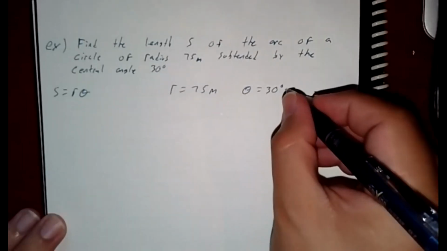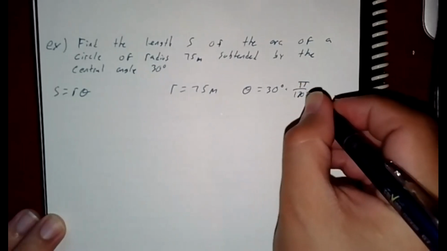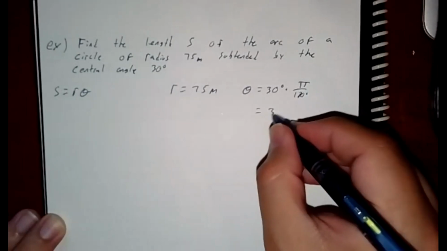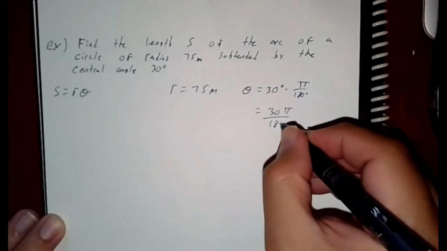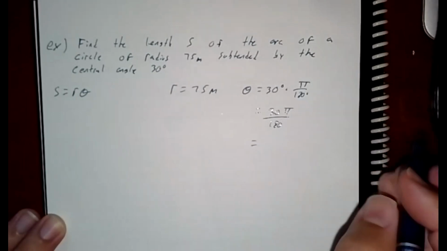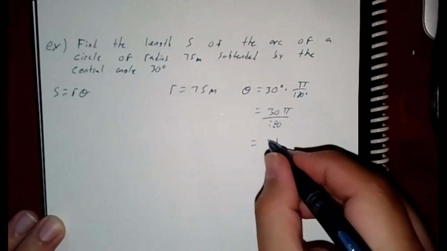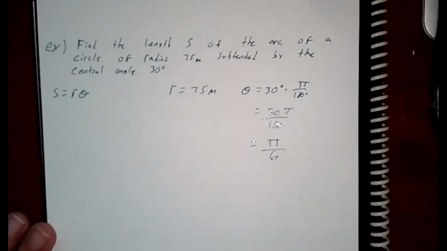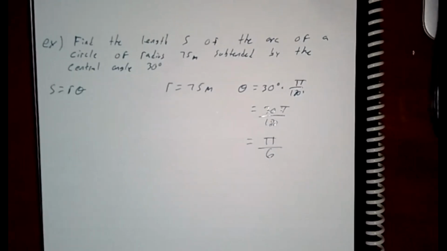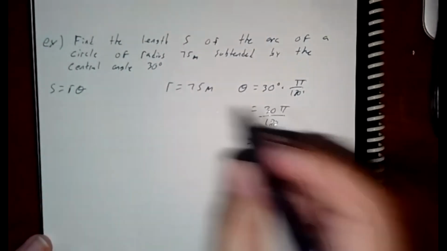So multiply this by pi over 180. That would give us 30 pi over 180, which would be, how many 30s go into 180? 6. Yeah, 6. So we need to use radians for this formula.